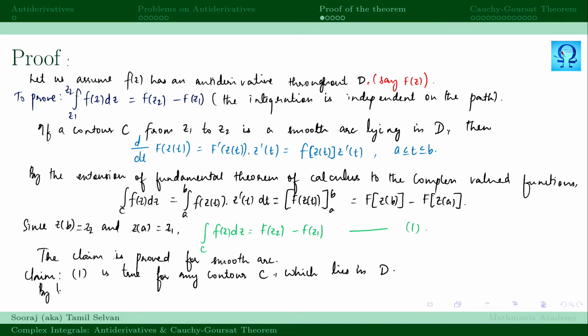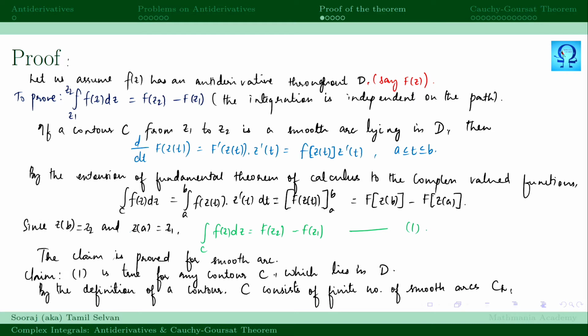By any contour, what do we mean? By the definition of a contour, C consists of a finite number of smooth arcs.